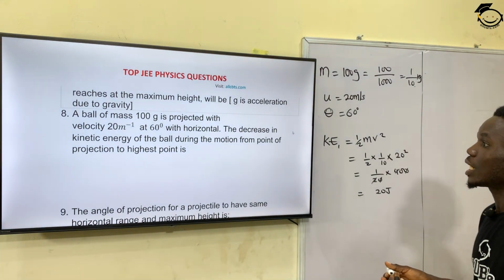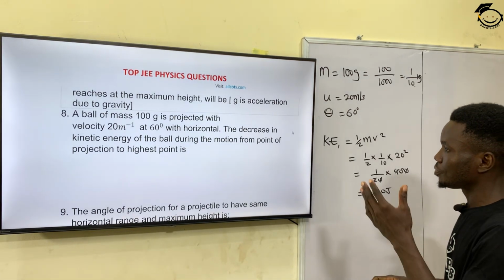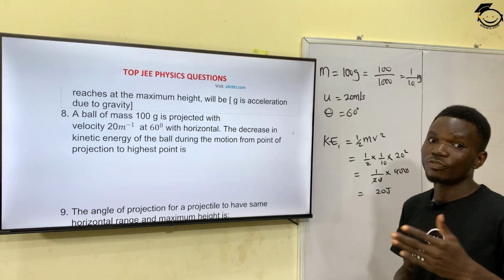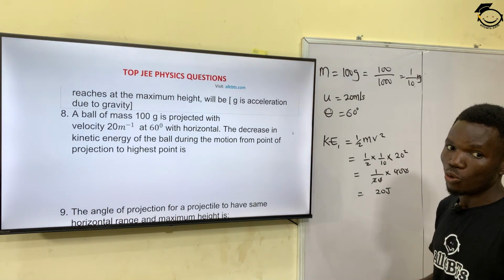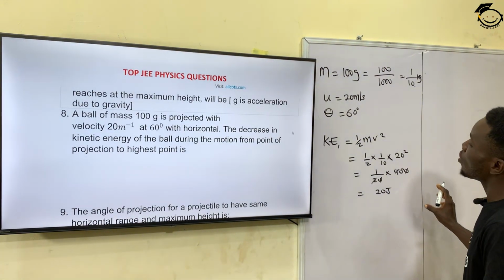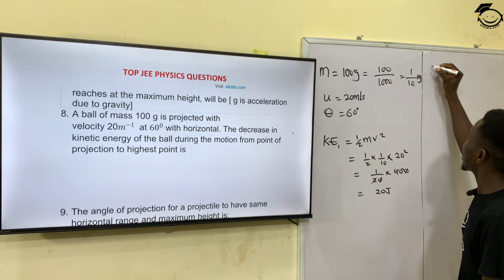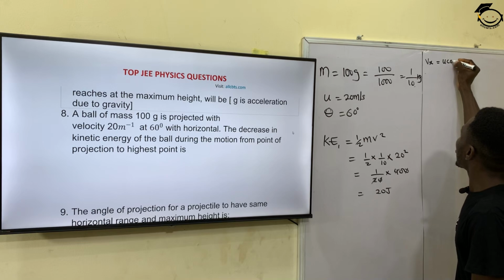So I will find the kinetic energy at maximum height. Please note that at maximum height, the vertical component Vy is going to give us what? 0. So at that point, it means what I'll be having is only my horizontal component, which is Vx. So my Vx here is going to give me u cos theta.